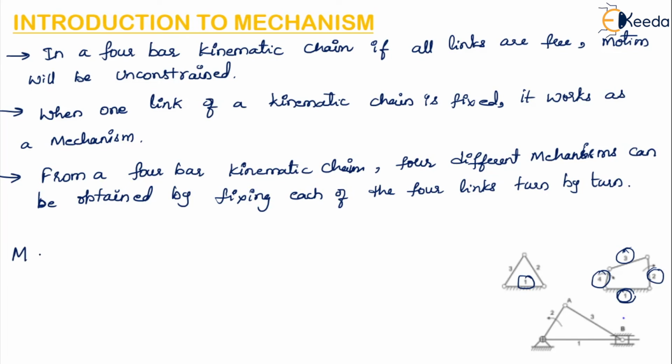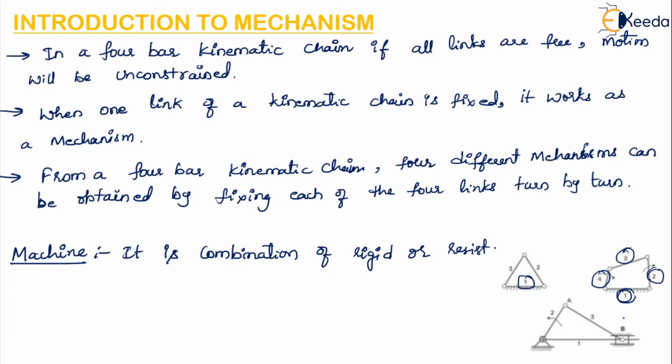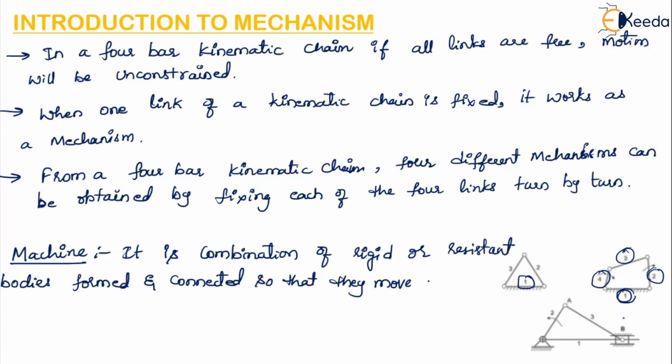Now, what is a machine? So, machine is a combination of rigid or resistant bodies formed and connected so that they move with definite relative motion and transmit force.